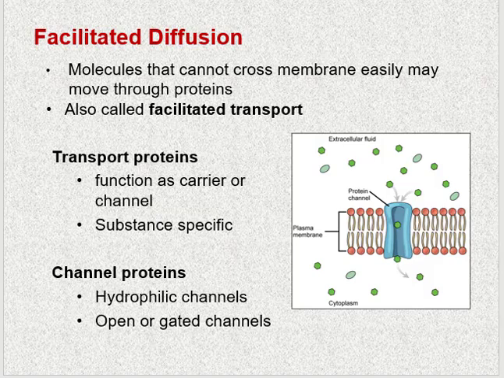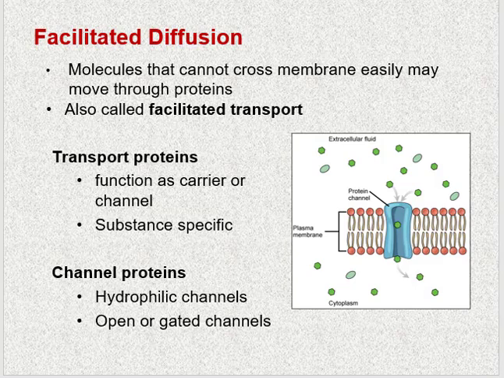Now, the types of molecules that are going to be moving through these proteins are polar. So the protein actually shields these materials from the membrane's repulsive forces and allows them to diffuse into the cell or out of the cell.